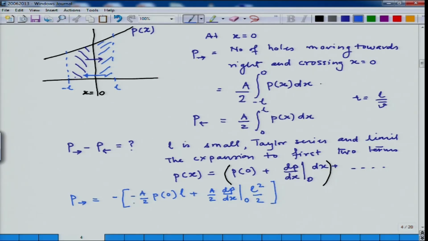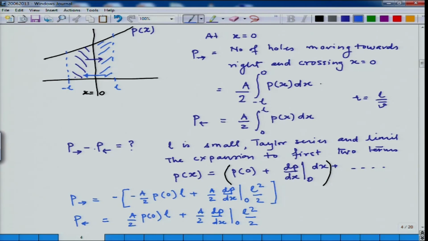So, this would be the value from minus L to 0. Similarly, I can write for the carriers moving in the other direction, that will be given by A by 2 P of 0 L plus A by 2 dP by dx at 0 times L square by 2.